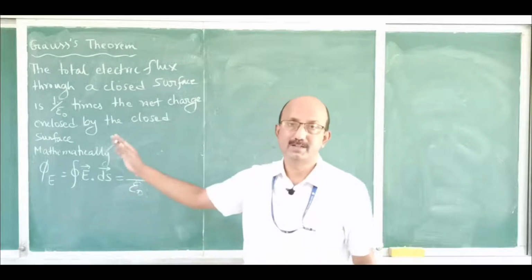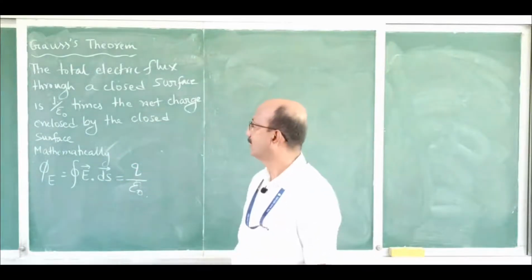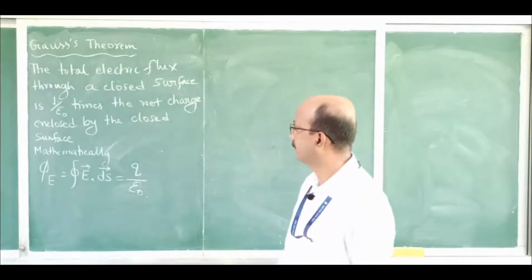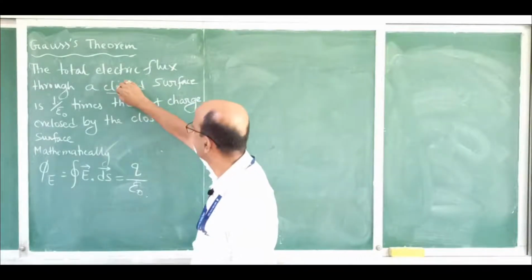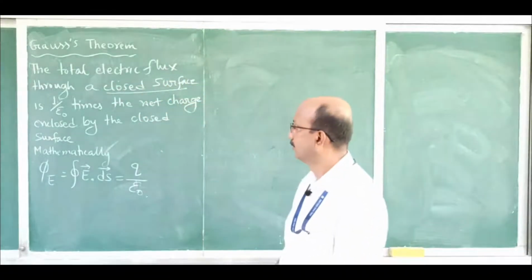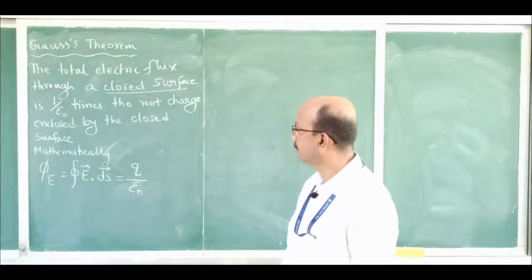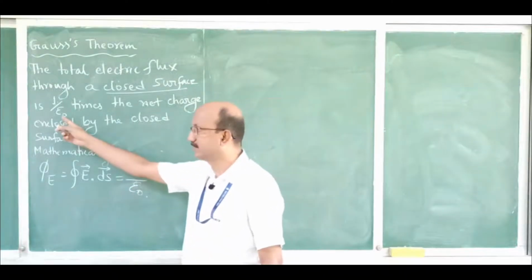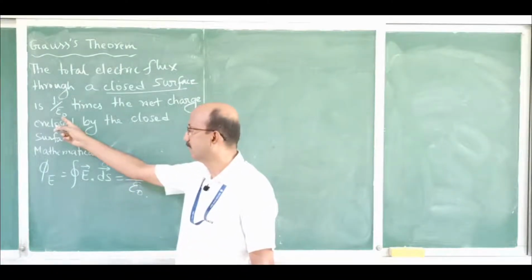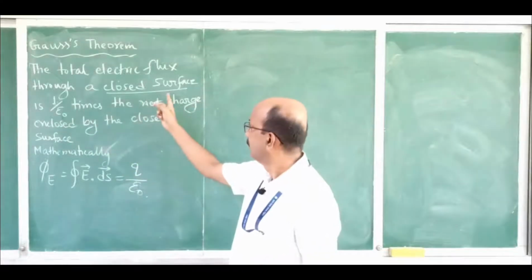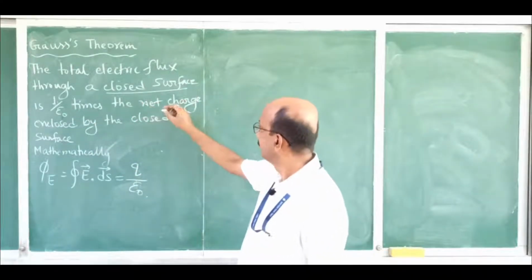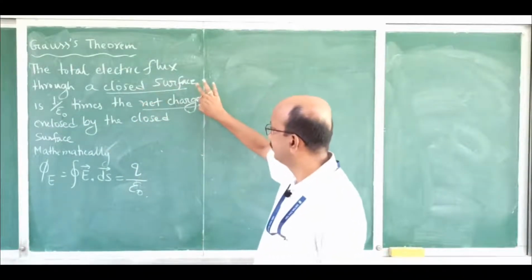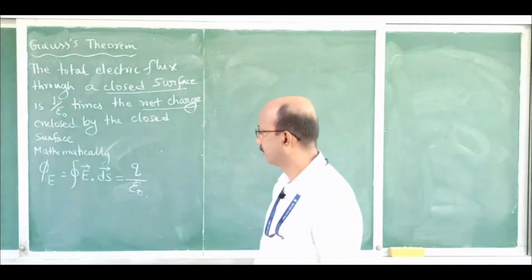Now this theorem states that the total electric flux through a closed surface, remember this is very important, closed surface, is 1 by epsilon naught times, epsilon naught, as you know, is called the permittivity of free space, times the net charge, this is also important, enclosed by the closed surface.